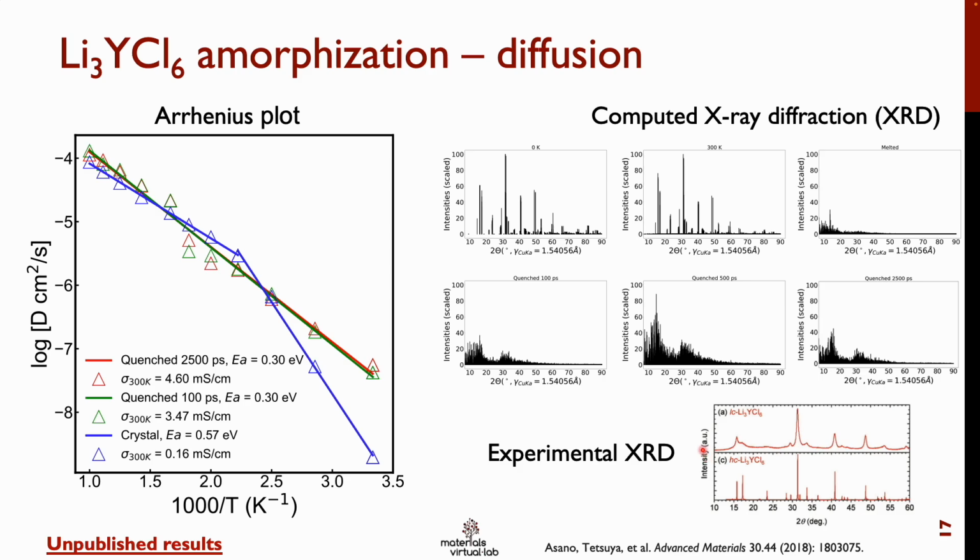But this is still different from the low crystalline phase in the LYC experimental result. So our result tells us that if we can fully amorphize the LYC, then we will be able to get even higher ionic conductivity than the current value of around 0.5 millisiemens per centimeter.